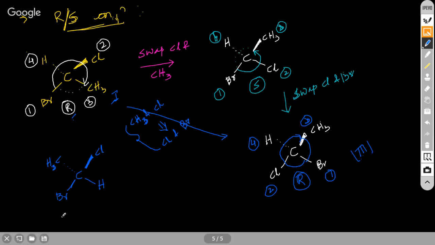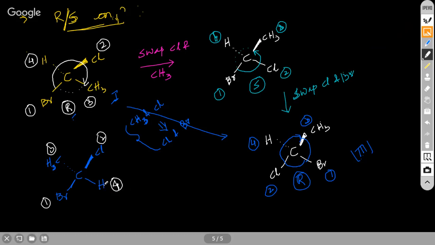Correct, Aditya. Tell me the answer. See, here what we do, when we assign the priority, this will be 1, this will be 2, this is 3, and this is 4. Now the condition for flying wedge representation is what?